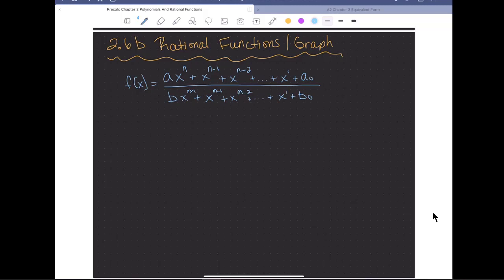So you're like, what are you showing me, Mrs. Fitch? When we're looking for these horizontal asymptotes, what we're focusing on is this part right here: that leading coefficient and that leading degree.